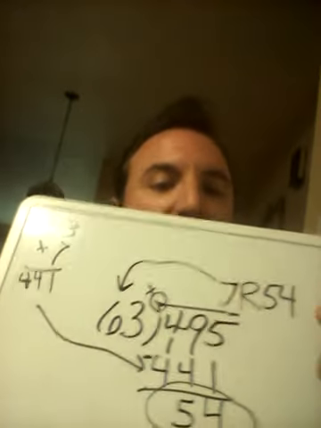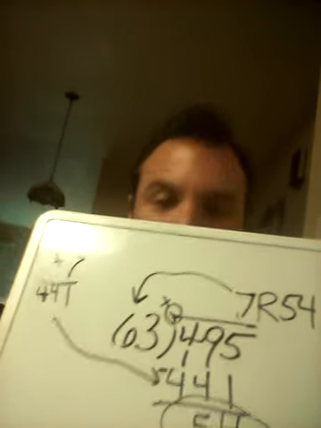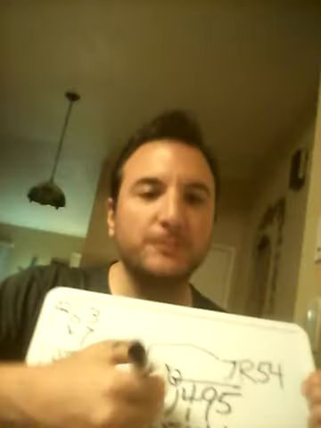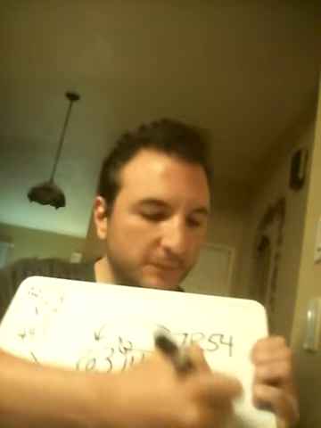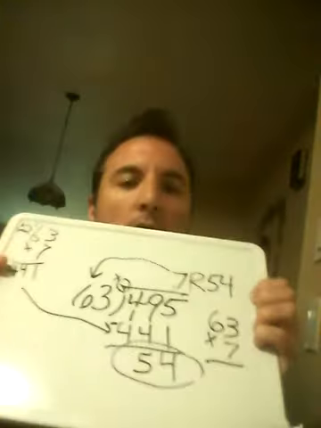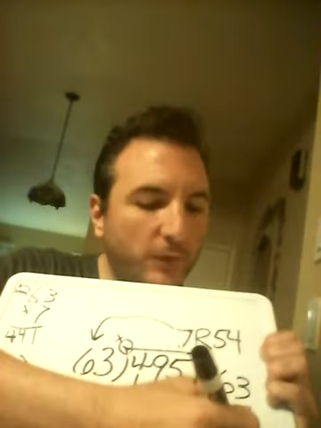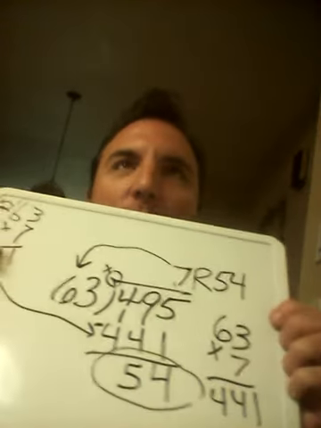To prove to you that this is correct, I'm going to use multiplication, which is the opposite of division, to check it. Watch what I do. I'm going to multiply 63 times 7 again down here. I know it's a little redundant, but I'm going to do it again. Once again, I know that 63 times 7 is 441. Now I'm going to add the remainder 54 to 441.